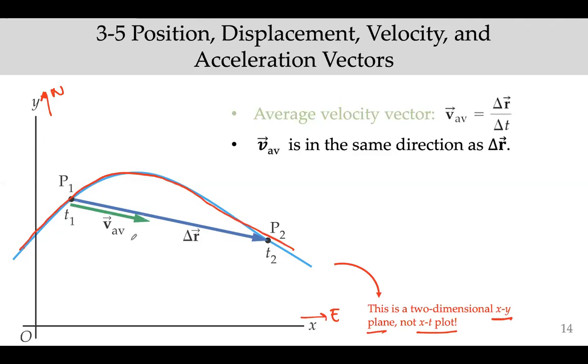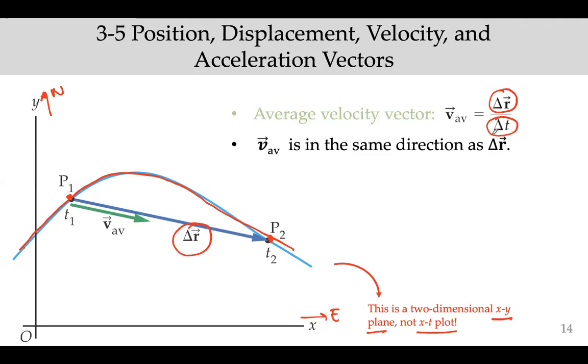Now, how do you calculate average velocity? Average velocity is change in position, which is displacement. Now we have a vector because we are now in 2 dimensions, divided by the total time. So initial position is here. Final position is here. From initial position to final position, that vector gives you the displacement. So you have to find this vector.